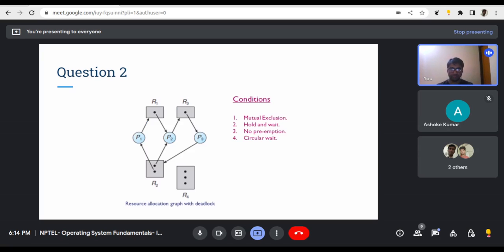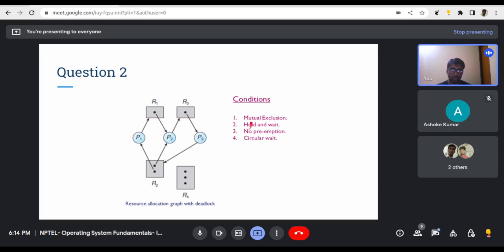Before that, we'll study the conditions that lead to deadlock. This is a resource allocation graph that contains a deadlock. There is a situation of circular wait, and it has ultimately led to a deadlock. Mutual exclusion says that these instances are not shareable.